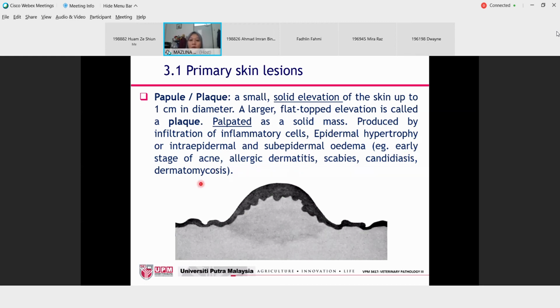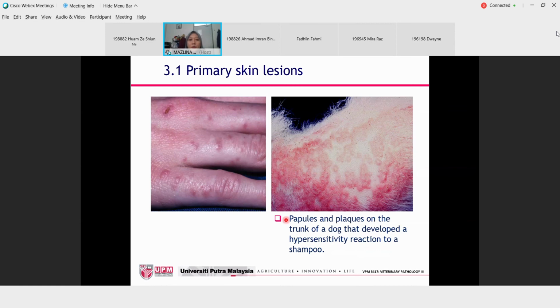These are the typical lesions that you would see. So grossly, how does it appear? These are papules and plaques on the trunk of the dog, due to a hypersensitivity reaction to a shampoo. And this is in humans, so if it's a small papule, larger is a plaque.